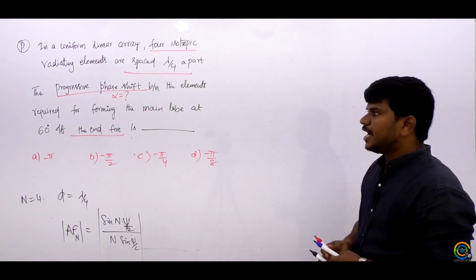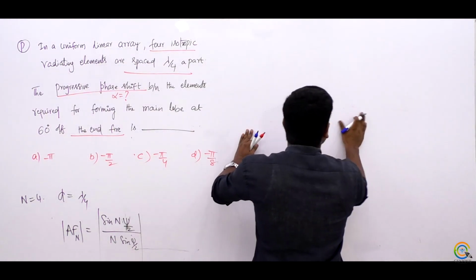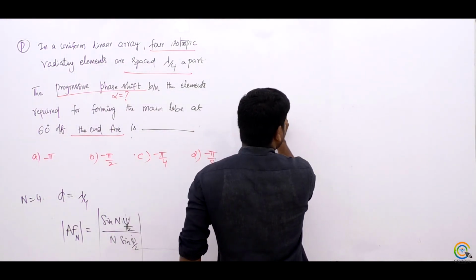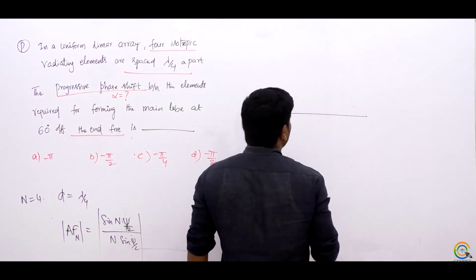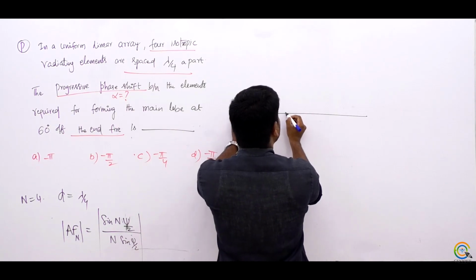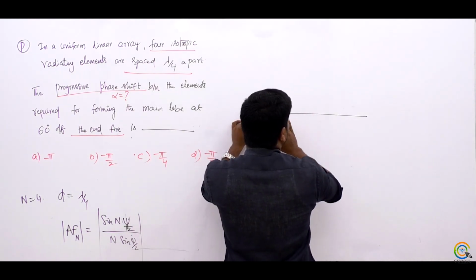What would be the end fire array? How would the end fire array be? Let us suppose there are 4 elements. The 4 elements are placed like this.